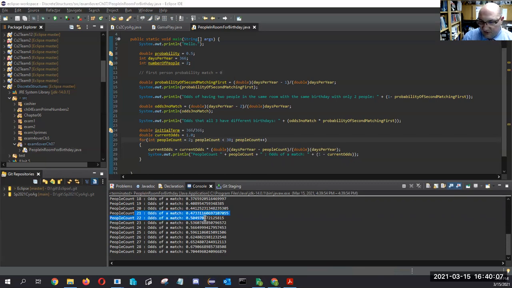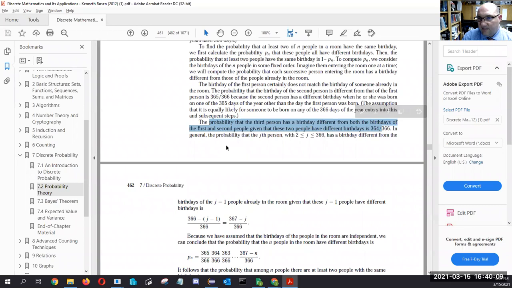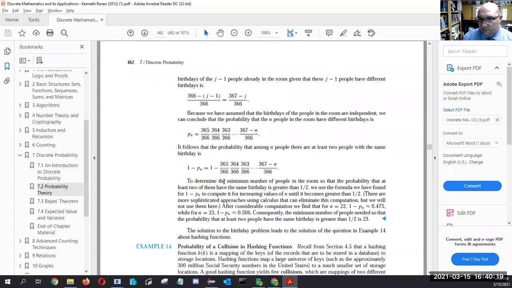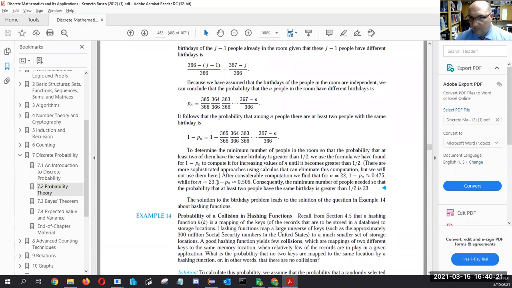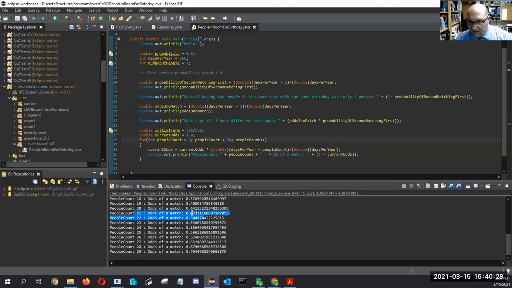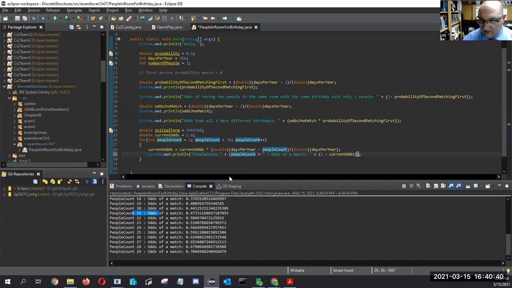Let me see if that matches the book or if I've got an off by one error. .506. So 475 and 506. Let me see if I've got. Okay. So I think I've got an off by one error.